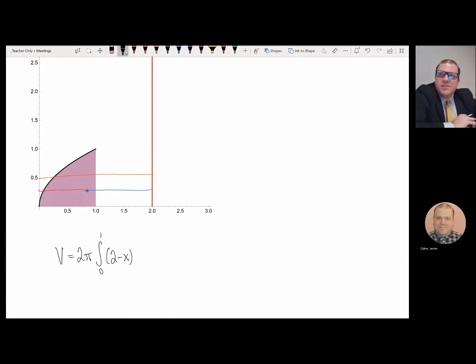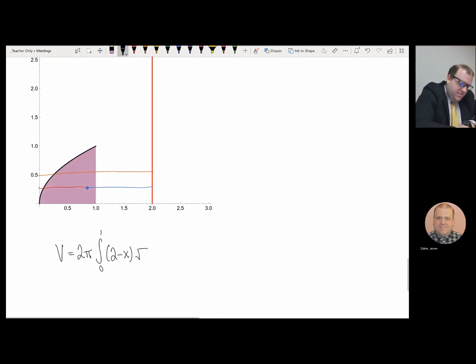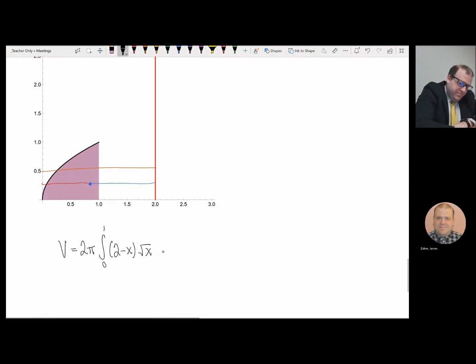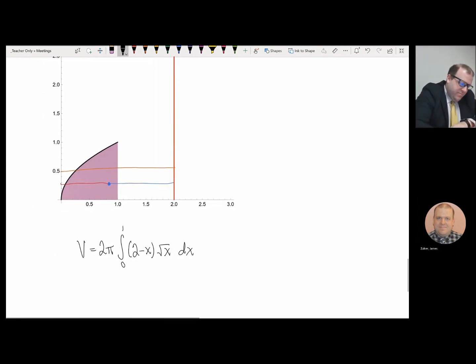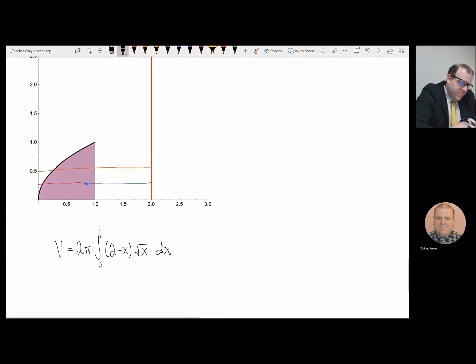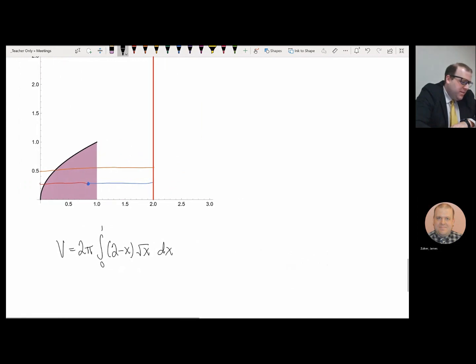What is the height? We have a single curve, so it's just one height, root x. Now my OneNote's doing some funky things.